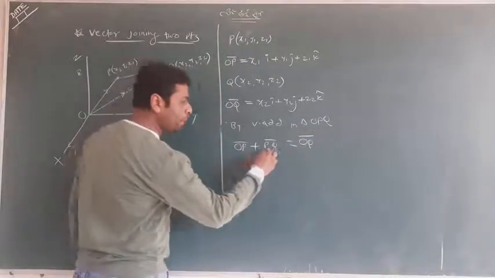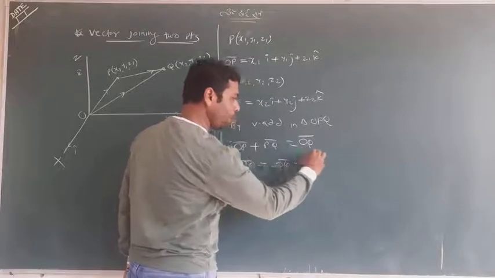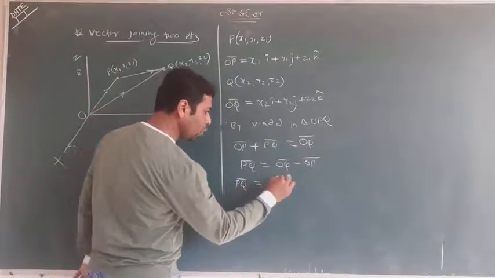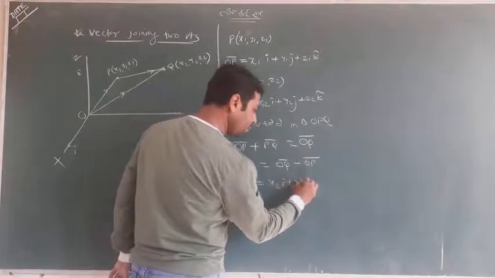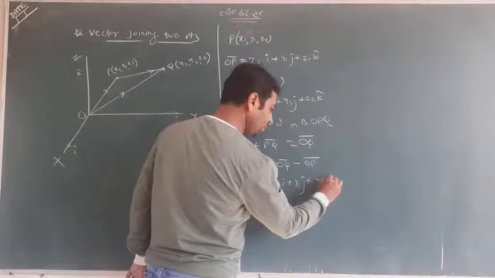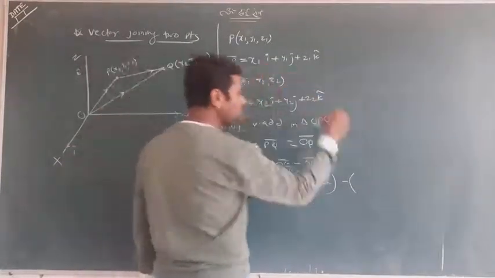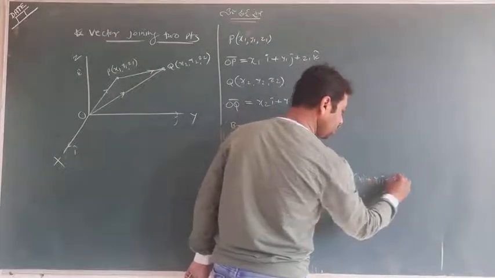Now we wanted to find PQ, so PQ is equal to OQ minus OP, I transfer. Now put in the values. OQ meaning x2i, y2j, z2k, and OP meaning x1i, y1j, z1k.